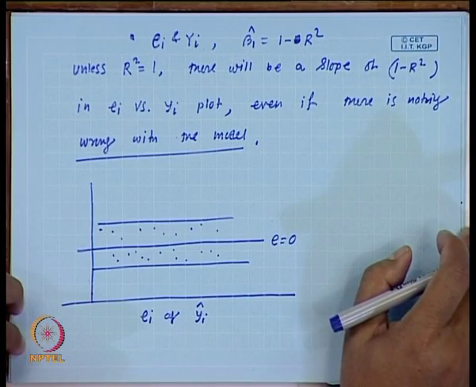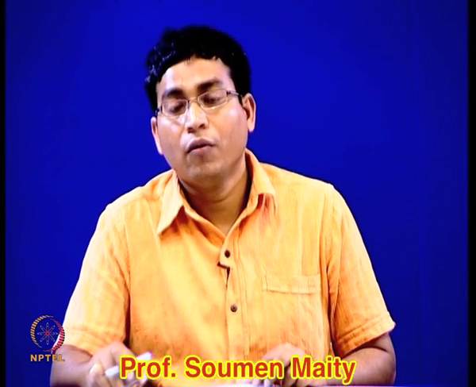There will be a slope of 1 minus r square when r square is not equal to 0. So, it is very difficult to conclude anything if we plot the residual against y I instead of plotting the residual against y I hat.